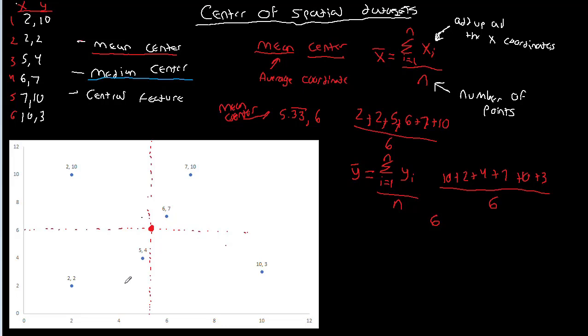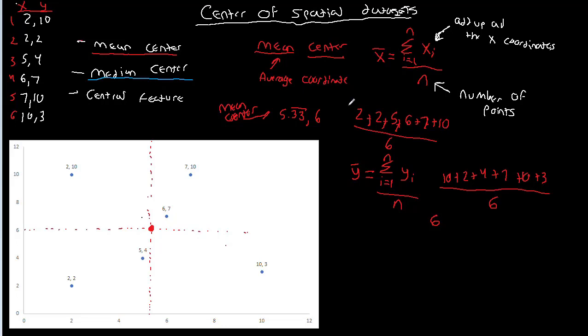But as we remember when we discussed the review, there's another way that we can estimate this center, and that is through this idea of the median. Now, unfortunately, median center for spatial data sets actually does not work exactly the same way as it does in the statistics case. It actually uses an iterative approach.